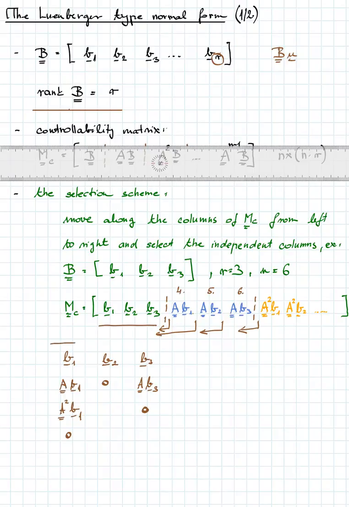So this is the so-called selection scheme of the Luenberger type normal form. So in the selection scheme, all the vectors are independent from each other. It's a very, very important thing. So we are selecting the independent column vectors from MC by this technique.